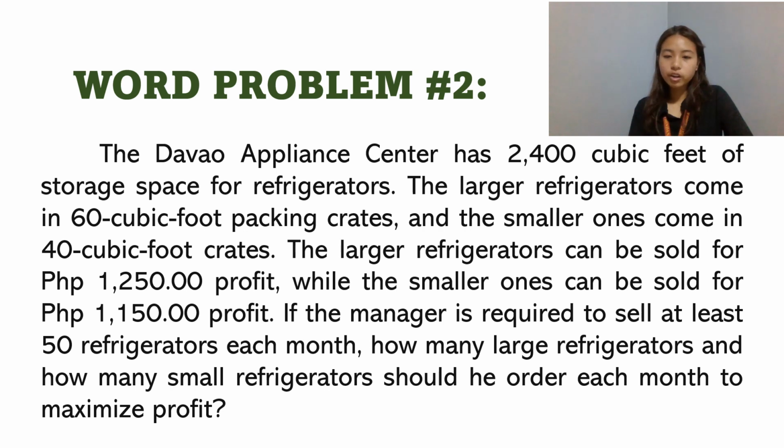The larger refrigerator can be sold for 1,250 pesos profit, while the smaller ones can be sold for 1,150 pesos profit. If the manager is required to sell at least 50 refrigerators each month, how many large refrigerators and how many small refrigerators should he order each month to maximize profit?